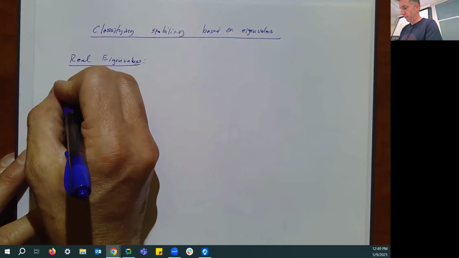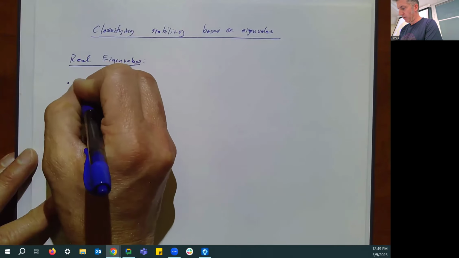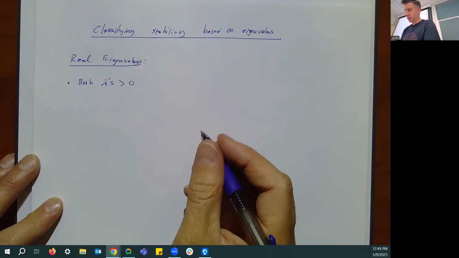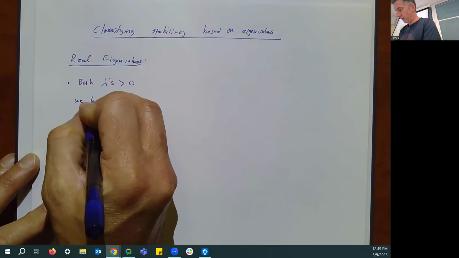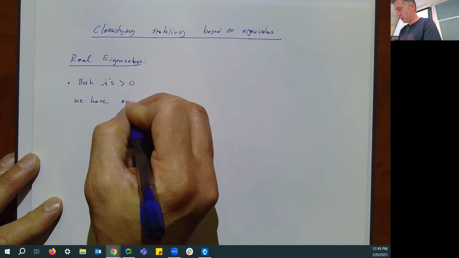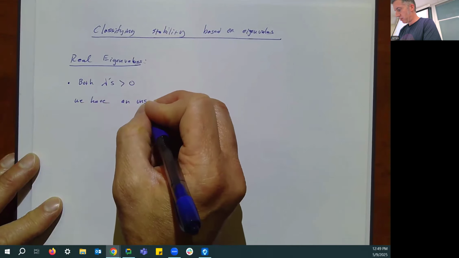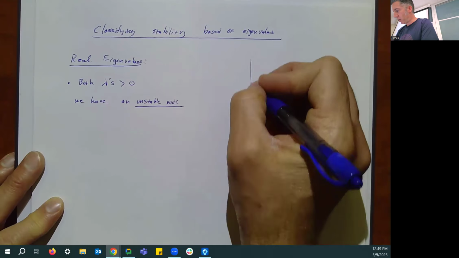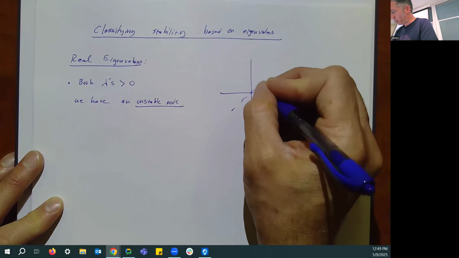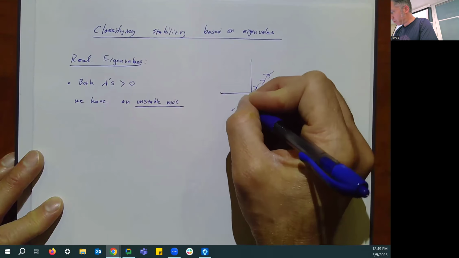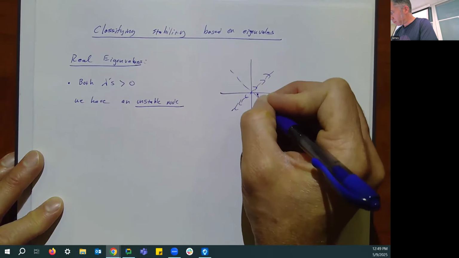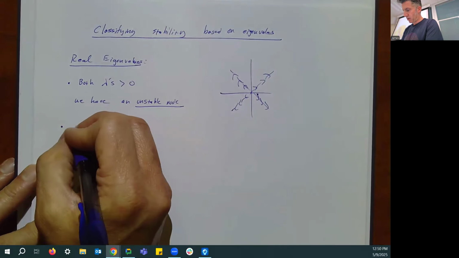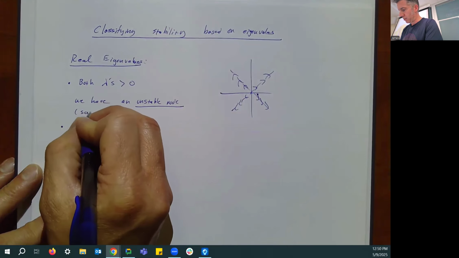So if both eigenvalues are positive, that means we have an unstable node. So everything is pointing outward. Also called a source.